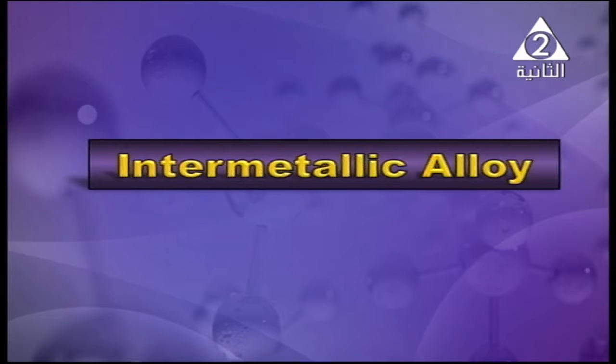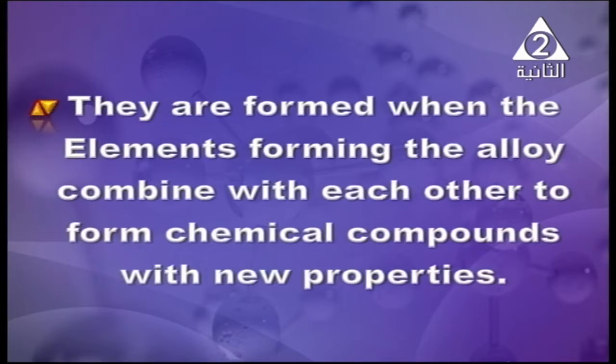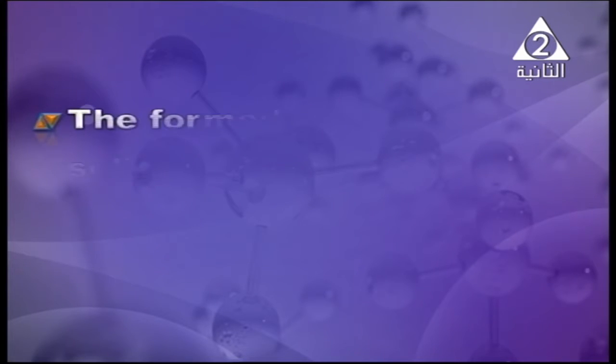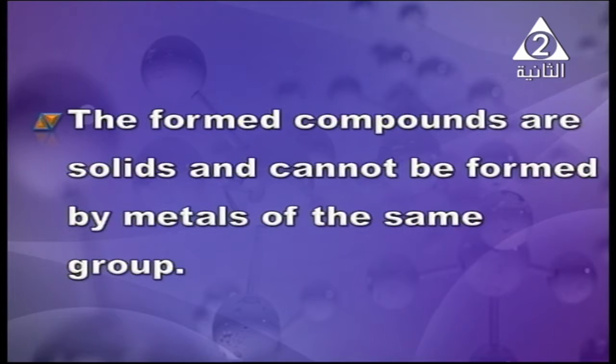The third type of alloy is called intermetallic alloy. They are formed when the elements forming the alloy combine with each other to form chemical compounds with new properties. Here, the formula of the formed compound disobeys the law of valence, and the formed compounds are solids and they cannot be formed from metals of the same group.